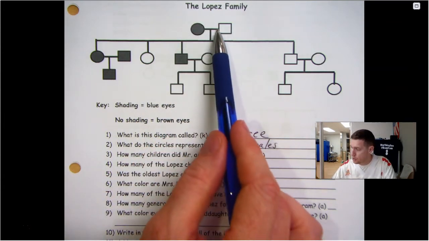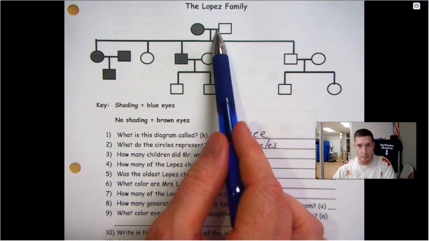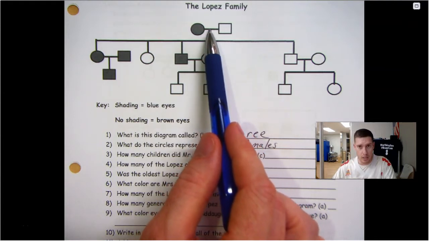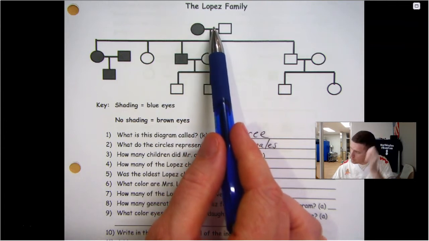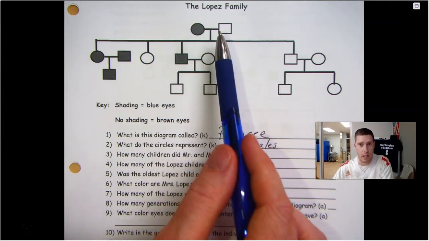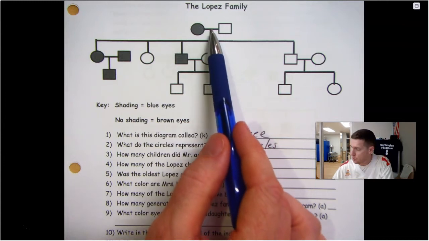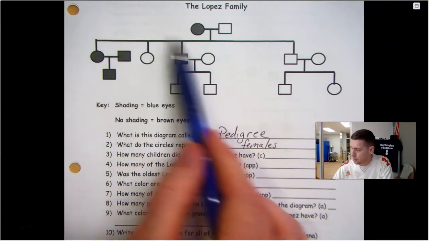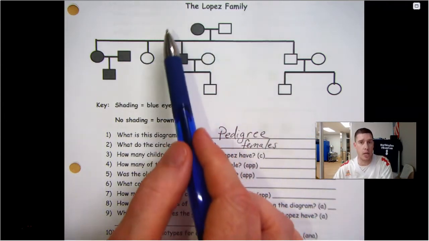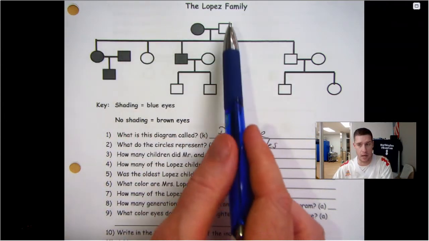How many children did Mr. and Mrs. Lopez have? This is Mr. and Mrs. Lopez, up here, and they are joined together by marriage. A solid line between two shapes is a marriage. If the marriage brings about children, you will see a vertical line connected to a horizontal line where other shapes are connected.